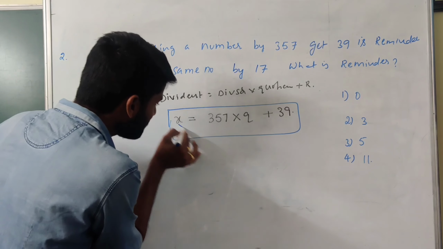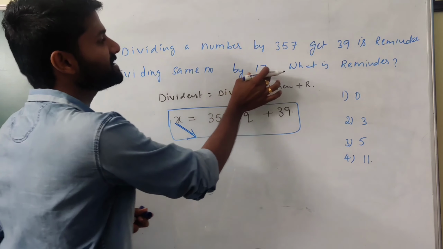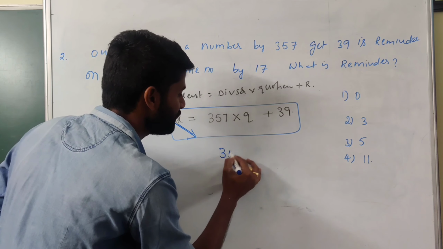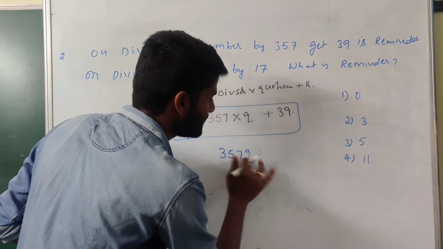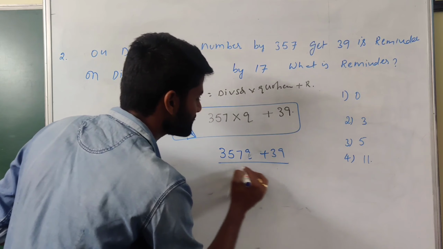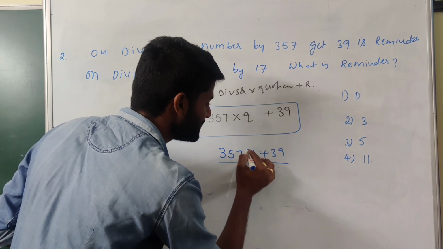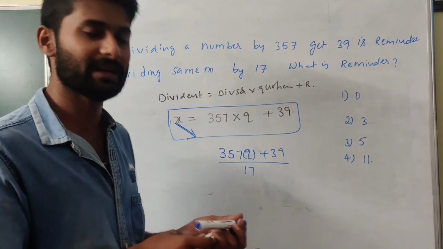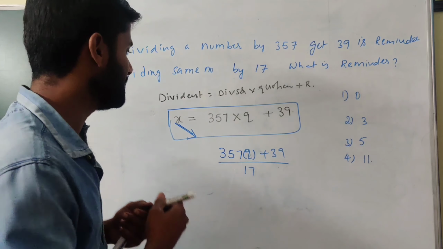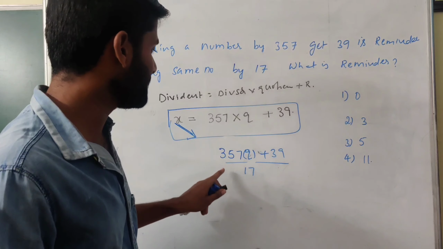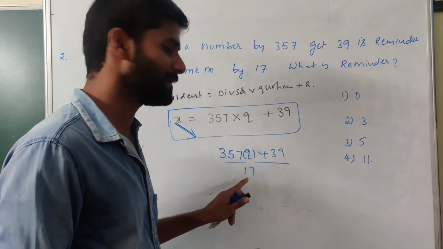He said that the same number is divided by 17: 357q plus 39 divided by 17. If this number is divided by 17, what is the remainder? That is the main question. So this can be written as 357q plus 39 by 17.